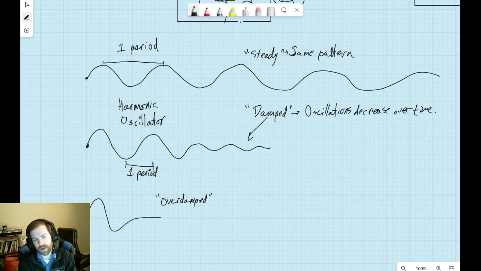So if you've got this spring that's stretched out really far and then you let it go, it might still go out to a maximum length and then start coming back, but it might slow down really quickly because in honey, for example, the system itself is overdamped. It can't actually compensate for the resistance of the fluid that it's in.